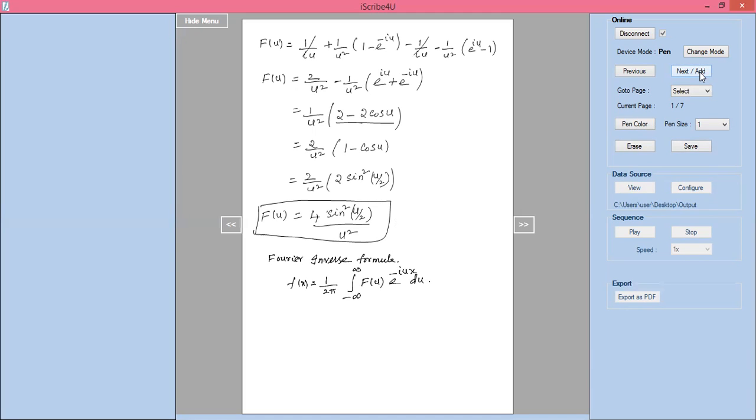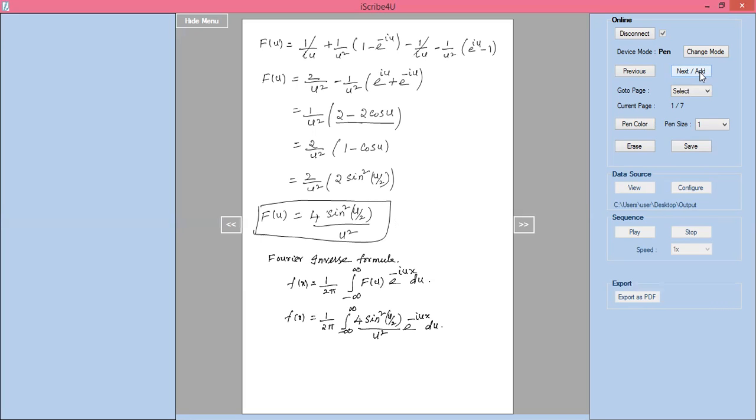Now I'll write f of x equals 1 by 2 pi into the integration from minus infinity to plus infinity, where f of u is nothing but 4 into sine square u by 2 divided by u square, into e power minus iux into du.